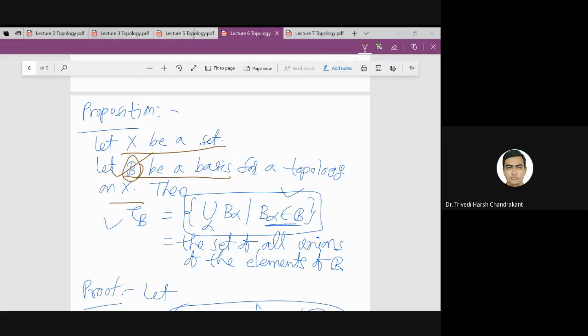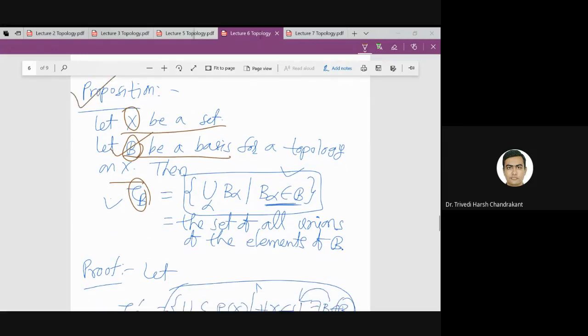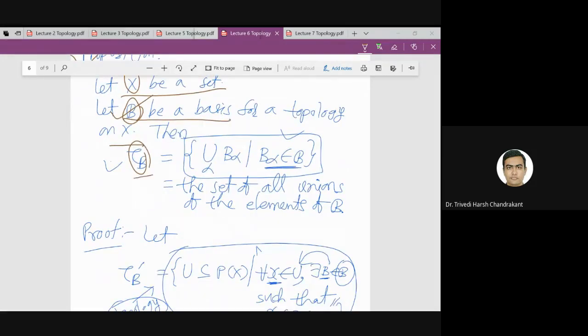Then can I define, using B, some topology on X? So that is this proposition. So what is this family tau B? Tau B we define to be the union of all the basis elements. That means you take all the elements of this family B and take all the unions.